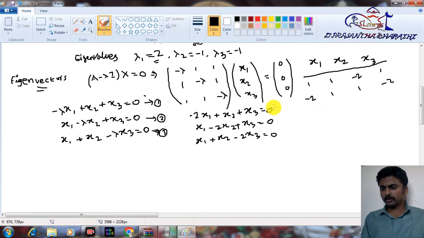I have taken these two equations, so from these two equations I am finding the cross multiplication.